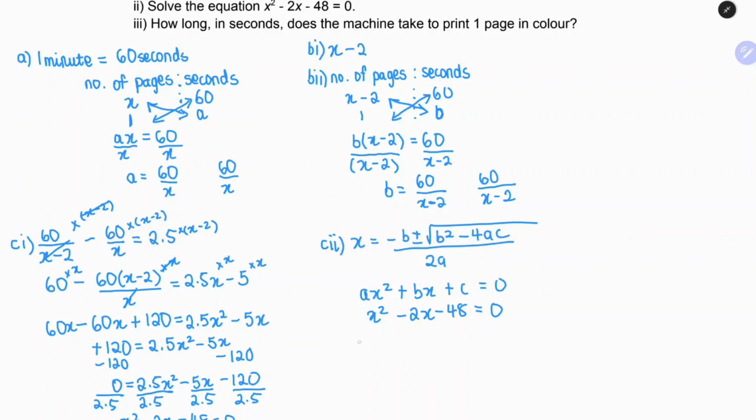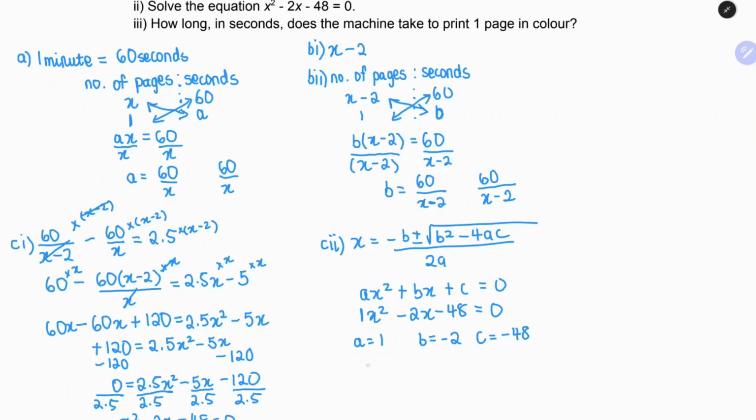Then it's going to be a. Remember that x squared is the same as 1x squared. So a is going to be 1, b is going to be negative 2, c is going to be negative 48.